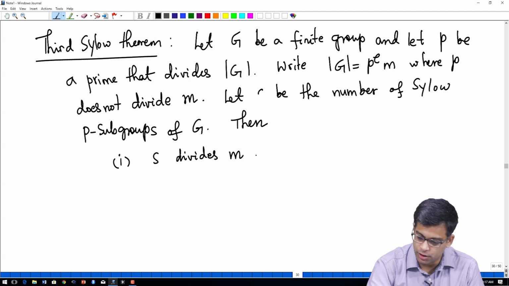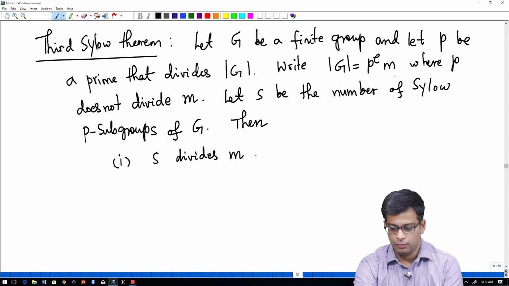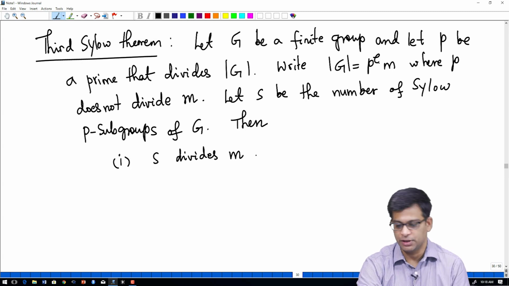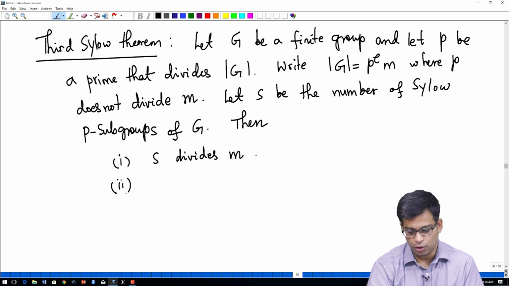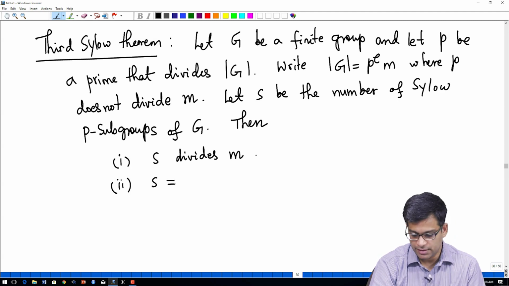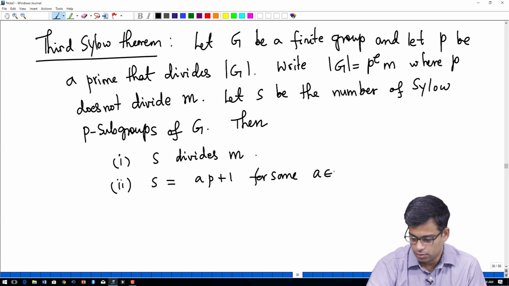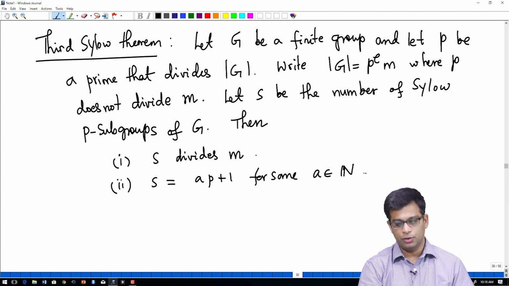Remember, m is the factor in the order of the group which does not contain any P, after removing the largest power of P that is available. And 2, s is of the form a P plus 1 for some a in the natural numbers. Okay. So, that means when you divide s by P, you have remainder 1.